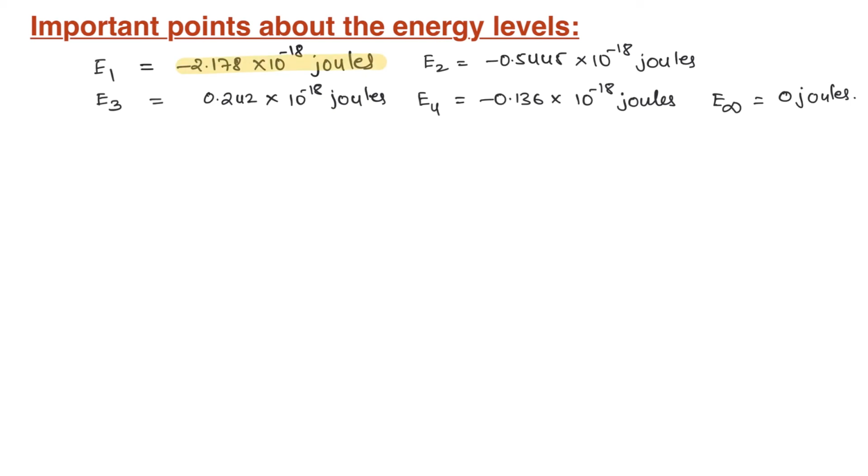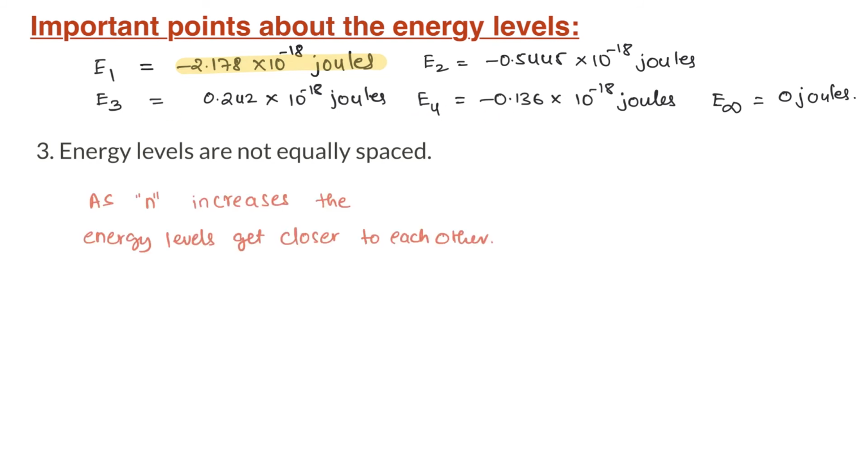The third important point is about the spacing between the energy levels. The spacing between these energy levels, just like the radius, are not equally spaced. The spacing between E1 and E2 is more than that of the spacing between E2 and E3, which is more than that of E3 and E4, and so on.